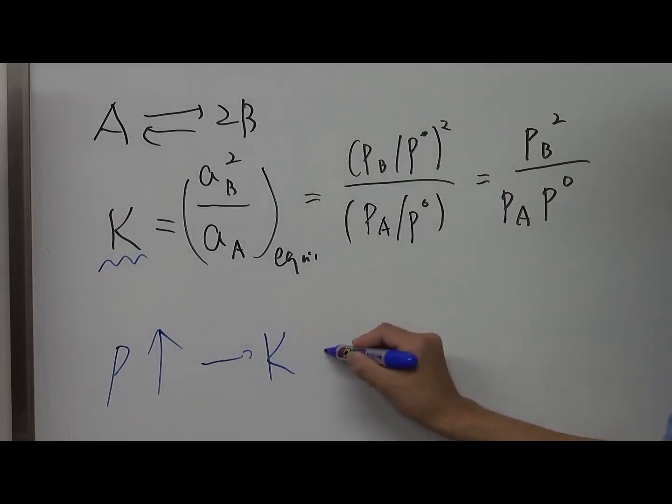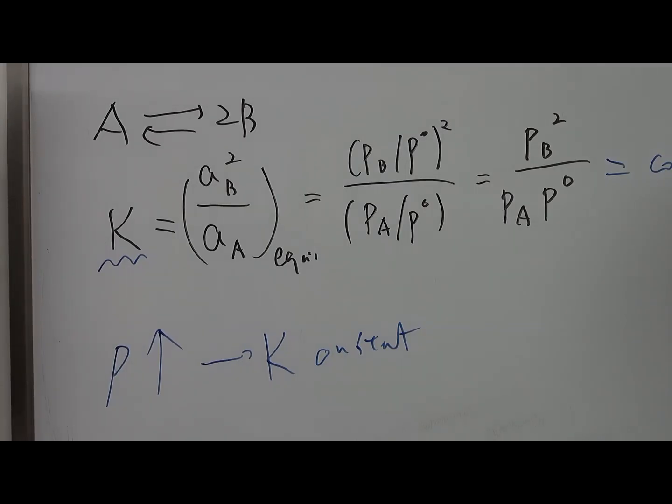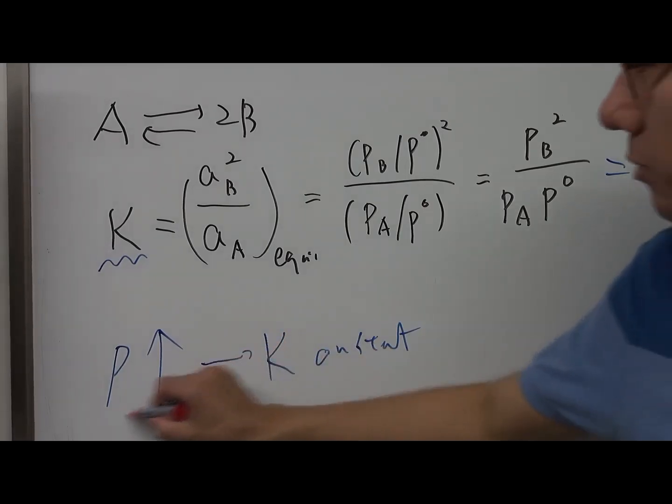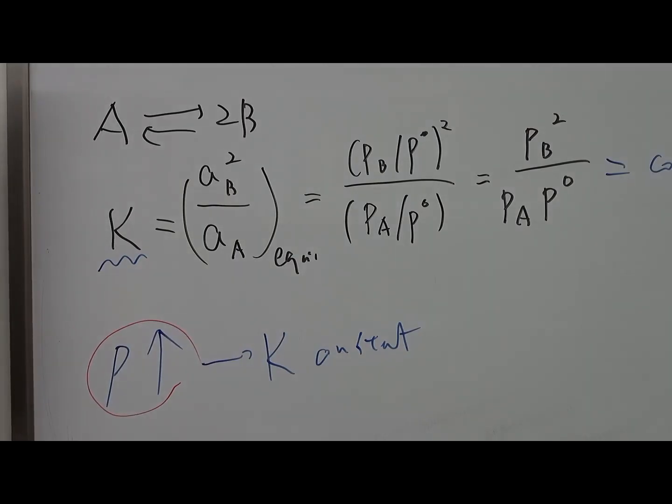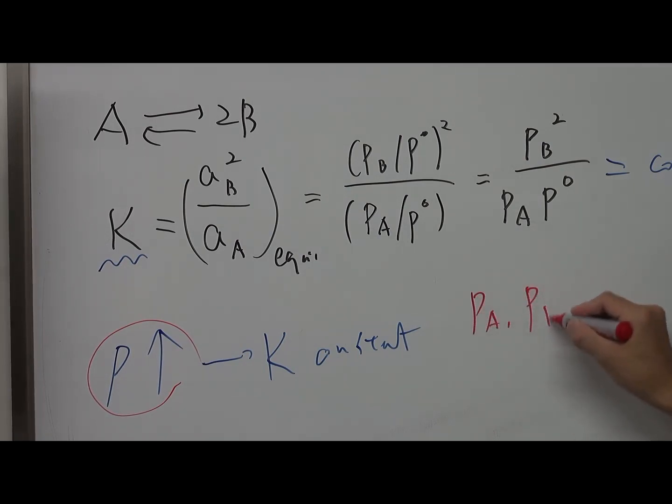So K should be constant, which means that this should be constant. But we increase the pressure either by injecting inert gas or by compression. Then both P_A and P_B would increase, because total pressure increases.